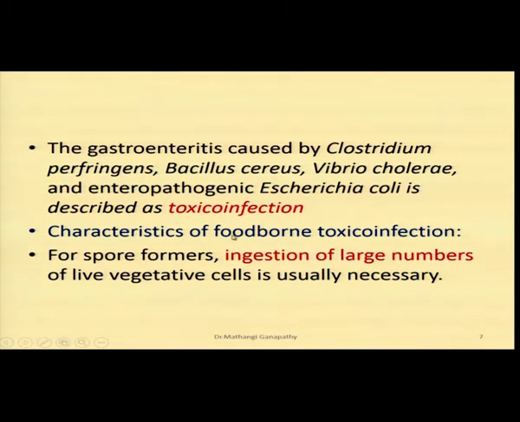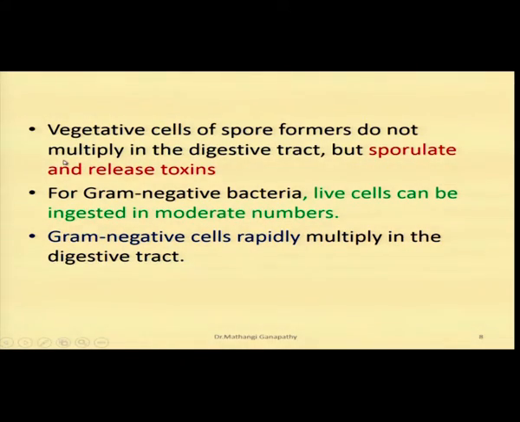What are the characteristics of a foodborne toxico-infection? For one thing, if it is a spore former, you have to consume or ingest a large number of live vegetative cells. The vegetative cells of these spore formers do not multiply in the digestive tract, but they sporulate in the digestive tract and release the toxins.